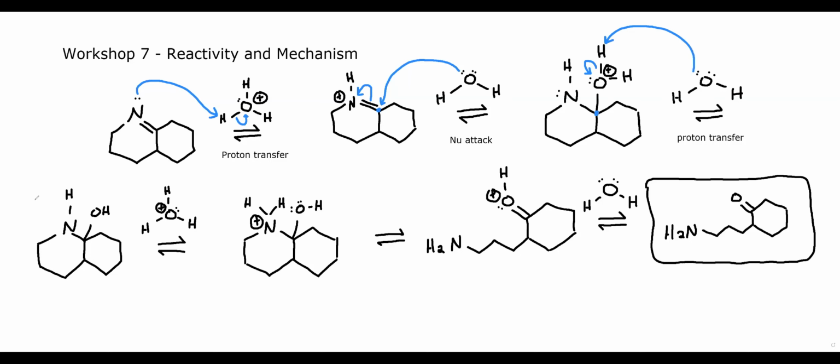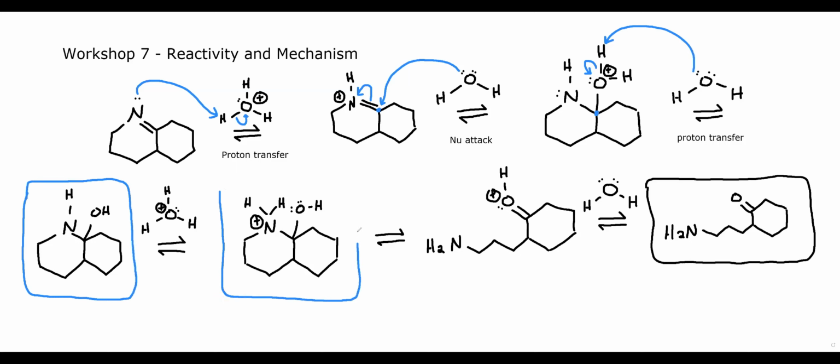Okay, now comparing the bottom left to the next molecule in the sequence, what's different? Well, the nitrogen is gaining a proton. So again, this is going to be a proton transfer.